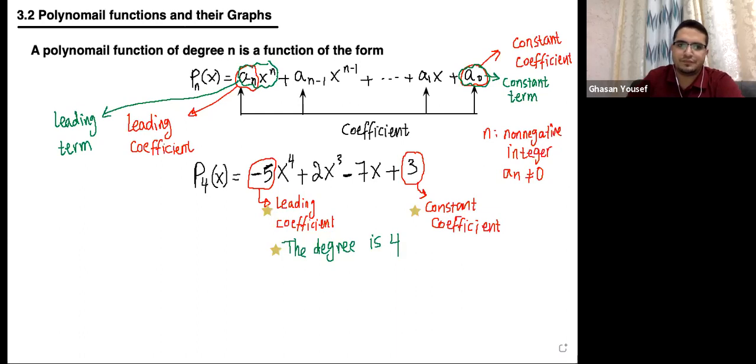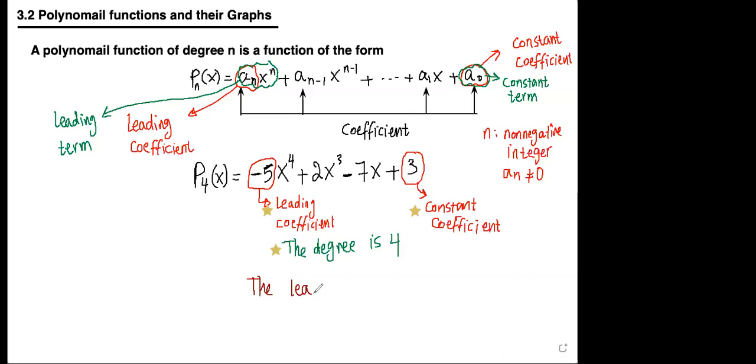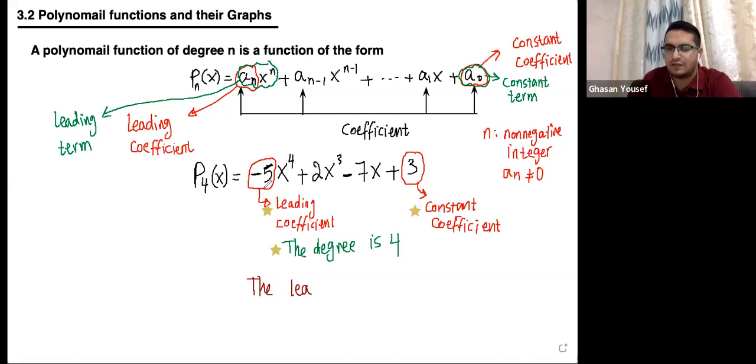No, it's not x to the power 4 only. What is it? Negative 5x to the 4. Yes, exactly, with the negative 5. We have to multiply by the negative 5. This is the leading term.